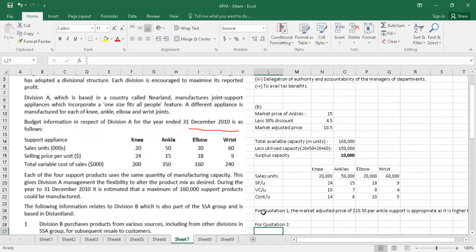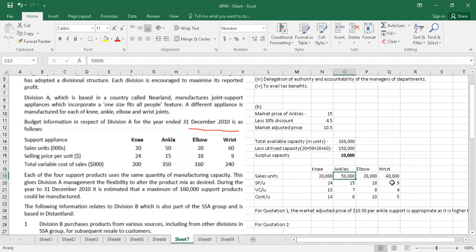It is not as simple as looking at the variable cost and comparing. The production of ankle supports, nothing can be done because they have to produce and supply 50,000 units to the customers in Nearland. So next in order, the decision is about which product production will be cut down by 8,000.